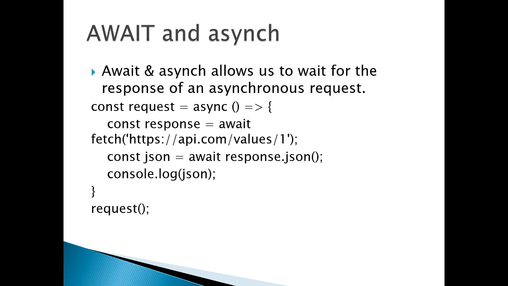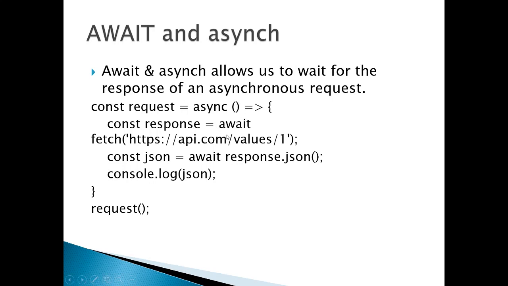If we want to apply await, we have to use async at the function level, and in that async function we have to write the await word before the fetch, and we have to await for the conversion also. By doing this, we are explicitly telling the processor that this is an async method.